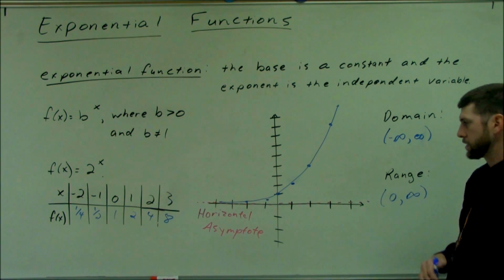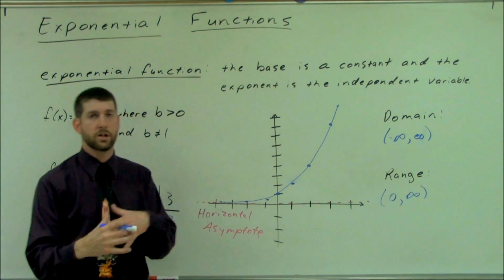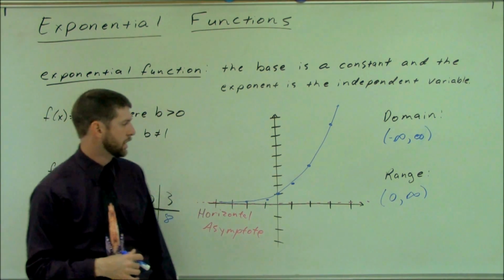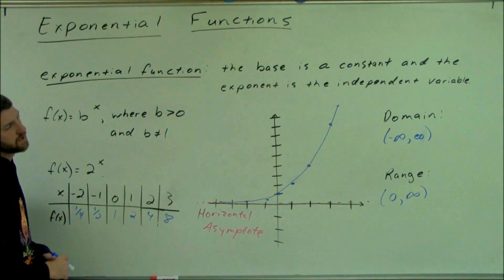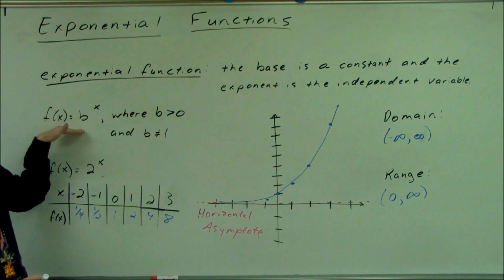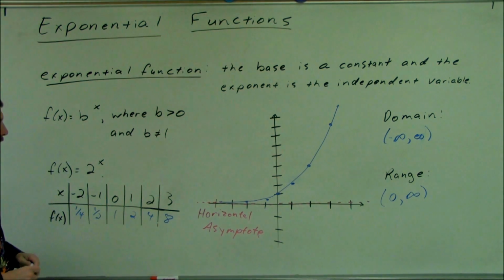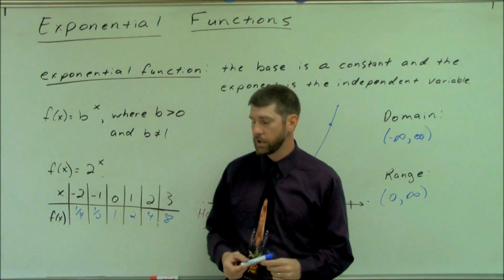It's all values greater than 0. And again, if we had a transformation, a translation or a reflection, that would obviously impact that range. But just generally speaking, that's what the range for a very basic f of x equals b to the x exponential function is going to look like, from a domain and range standpoint.